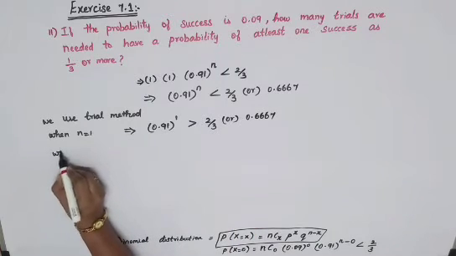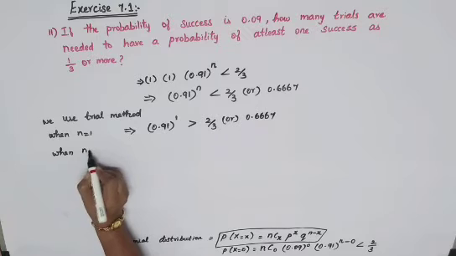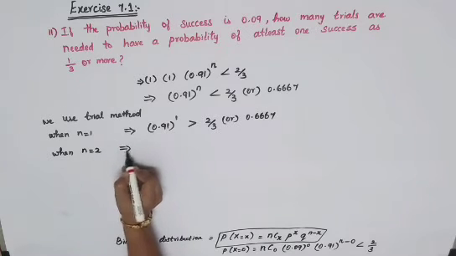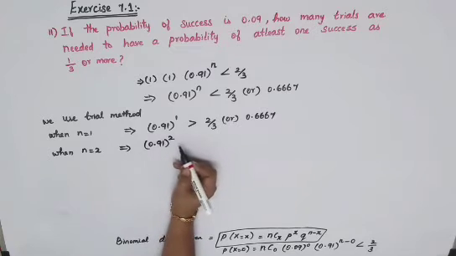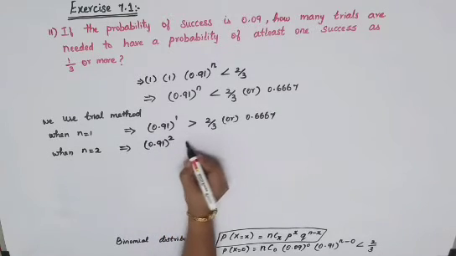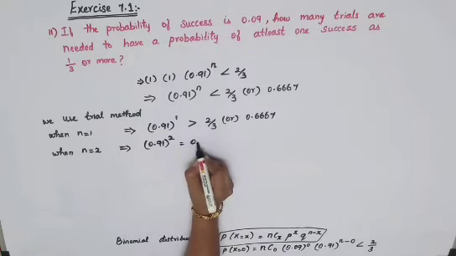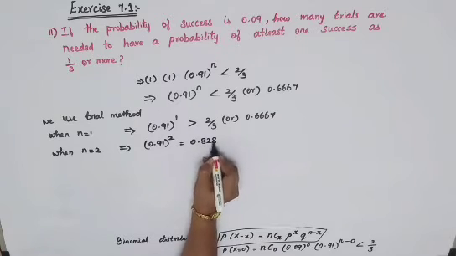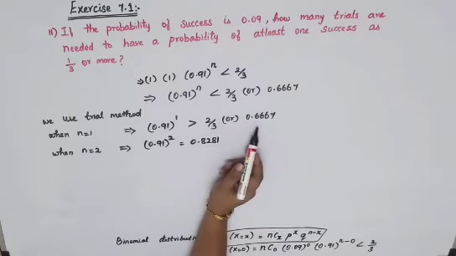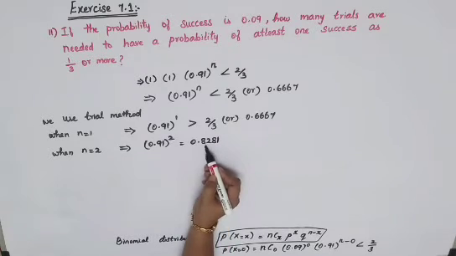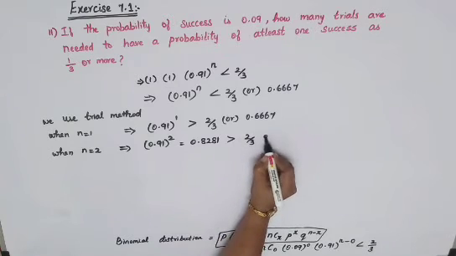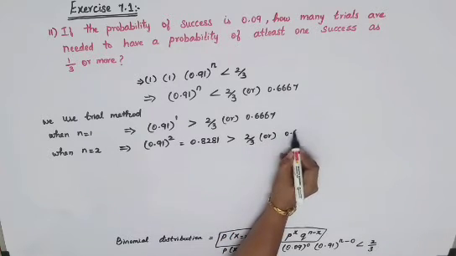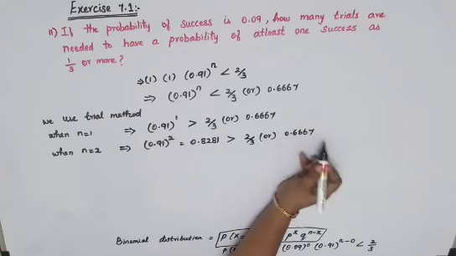Now going to your next one, when n is equal to 2, that implies 0.91 the whole power 2. You can multiply in your calculator, that will be equal to 0.8281. Again you can see it is more, because it is 0.6 only there. Here we have got 0.8, so that is greater than 2/3 or 0.6667.